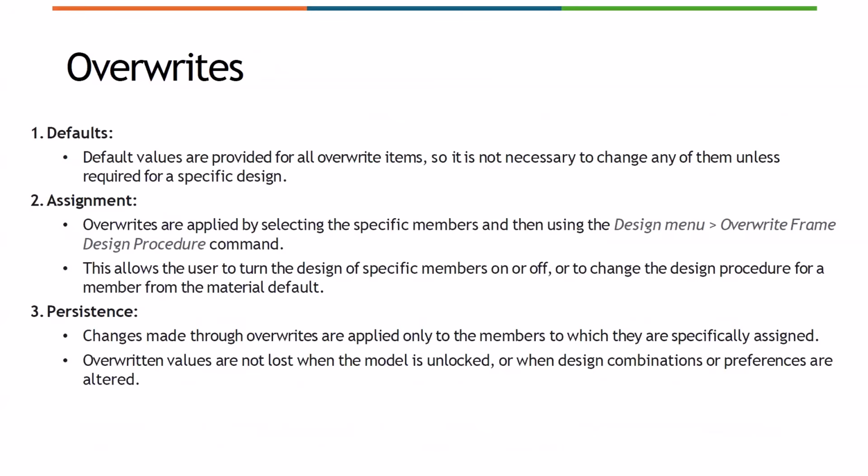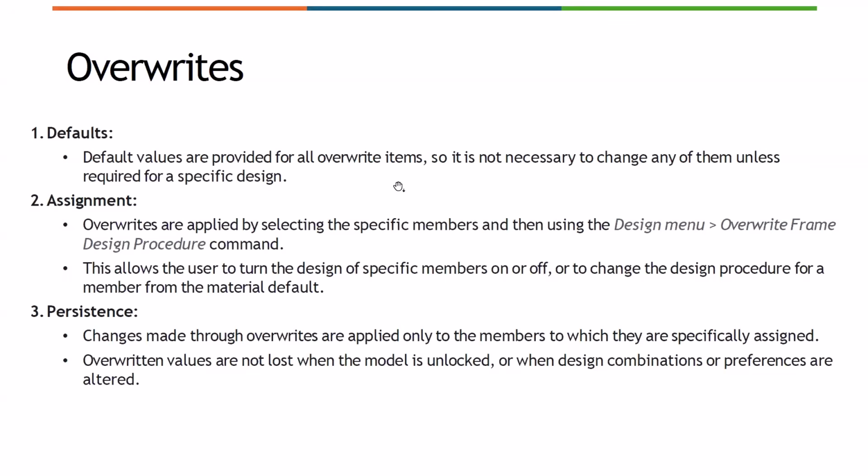Now coming to some of the prerequisites for the design. Design factors are generally captured from the model, like the unbraced length ratios and the effective length factors. However, the designer should review them before proceeding with the design.